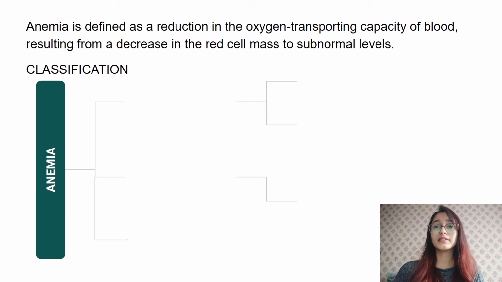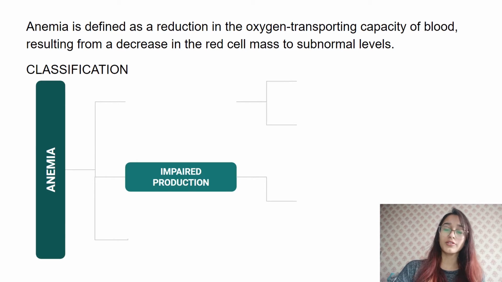First of all, let's see how anemia can occur. What do you think? List some causes or some processes that you think can cause anemia. First of all, it can be that red blood cells are produced in less quantity, so impaired production, or it can be that they are produced normally but somehow they are destroyed.